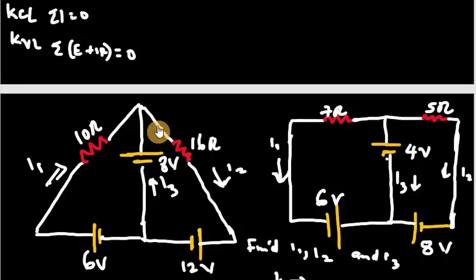You either follow a clockwise or anti-clockwise direction, usually from the junction. If you are moving in the direction of the current and you are passing through a resistor, you have a voltage drop.